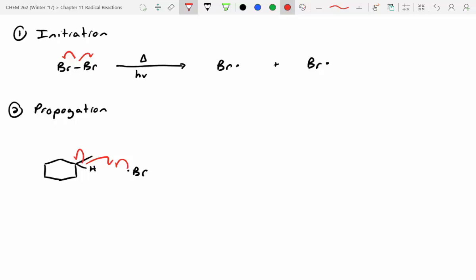The remaining proton will be put on that tertiary carbon. However, you'll notice at the end of this reaction, we formed a new radical and we formed a covalent bond. So we've made HBr and an organic radical. That's why this is referred to as propagation.